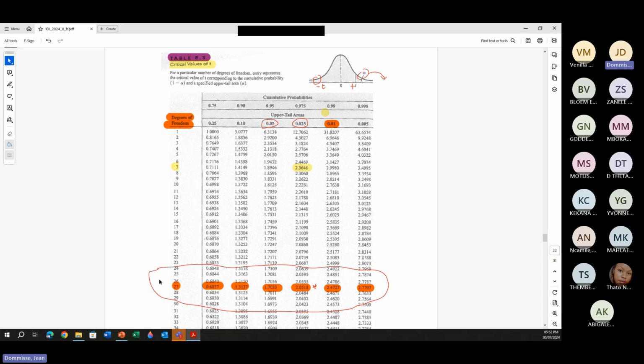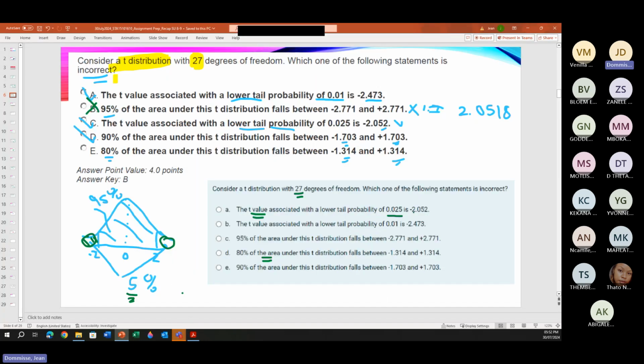Okay, cool. So for the degrees of freedom, 27, lower t, we get minus 2.0518, which is correct.